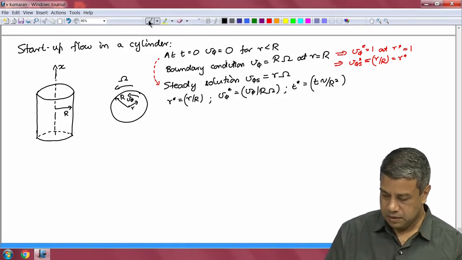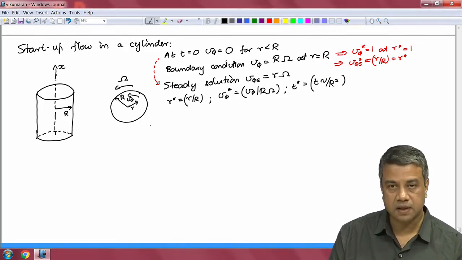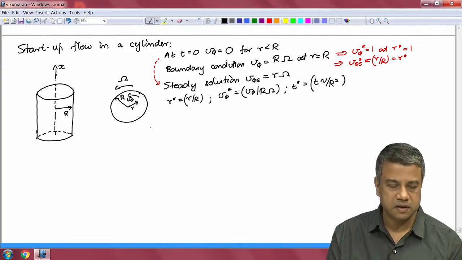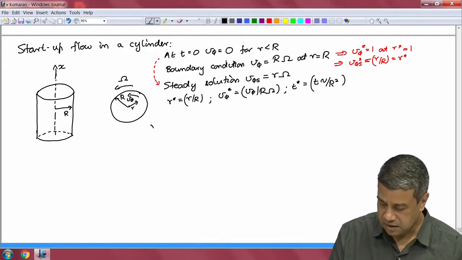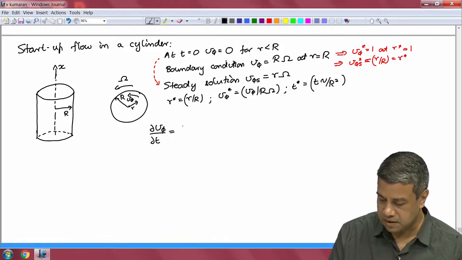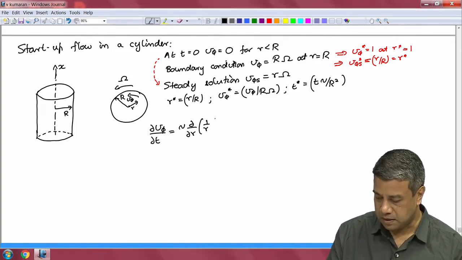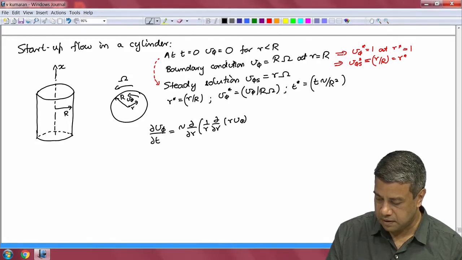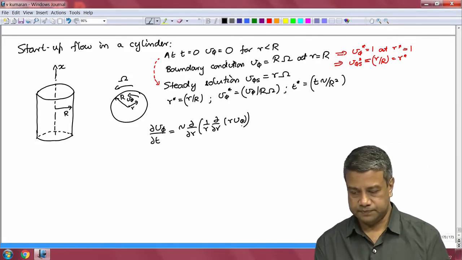The conservation equation we had earlier seen for this tangential velocity is different from that for temperature, concentration and the axial velocity. The conservation equation for this tangential velocity is partial v phi by partial t is equal to nu into partial by partial r of 1 by r d by dr of r v phi.